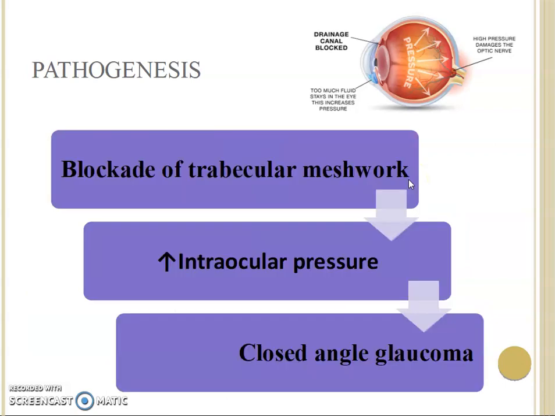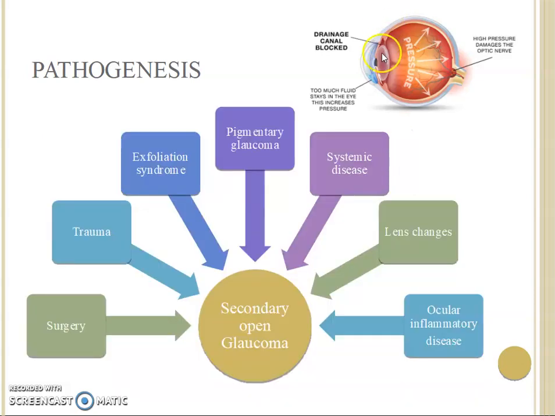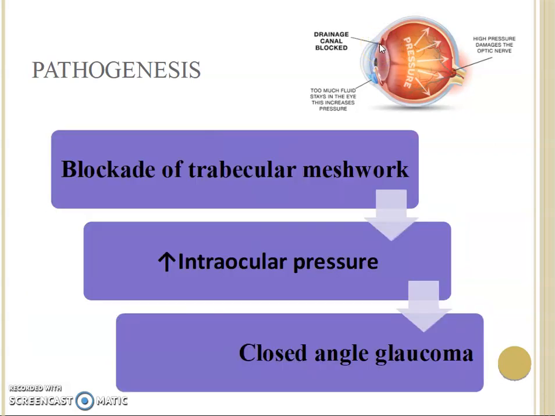But the difference between the two conditions is that in secondary open angle glaucoma, the iris is at normal position, so it is called open angle, and in closed angle glaucoma, the iris moves towards the corneal region, and due to that there is blockade of the trabecular meshwork, and rising of intraocular pressure which can lead to closed angle glaucoma.